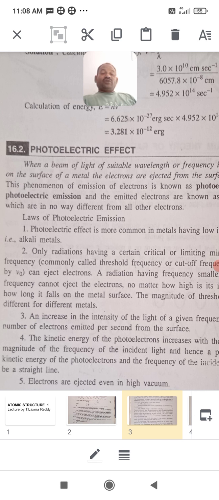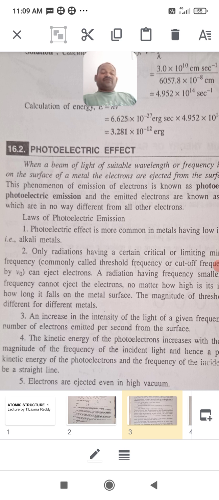Second one: only radiations having a certain critical or limiting minimum value of frequency can eject electrons.